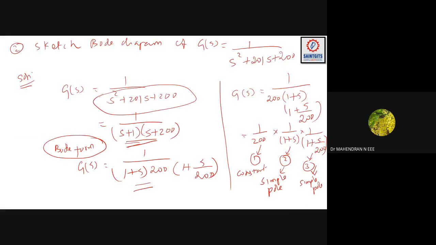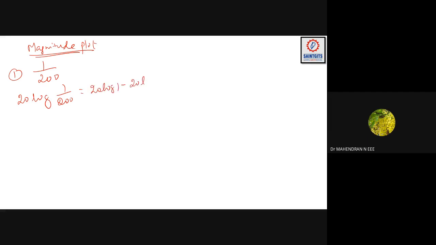Right. The first term is the magnitude plot. In that magnitude plot, the first term is 1 by 200. Convert this into dB: 20 log 1 by 200, which is 20 log 1 minus 20 log 200.